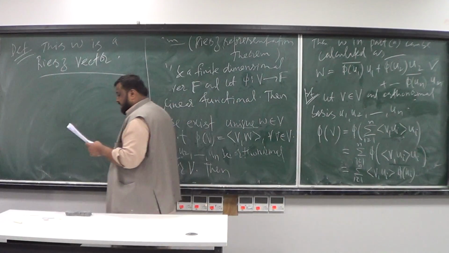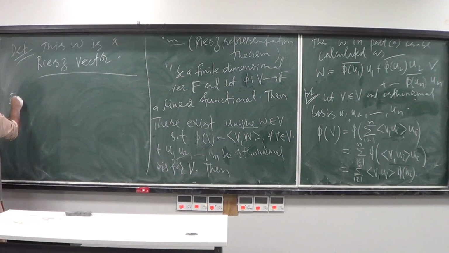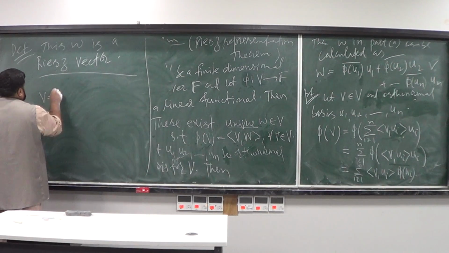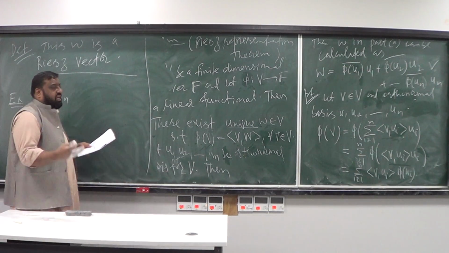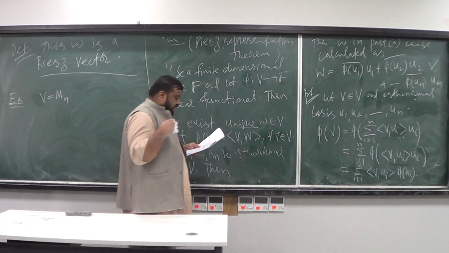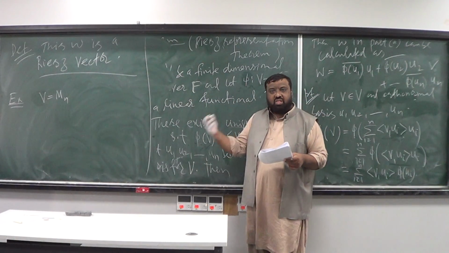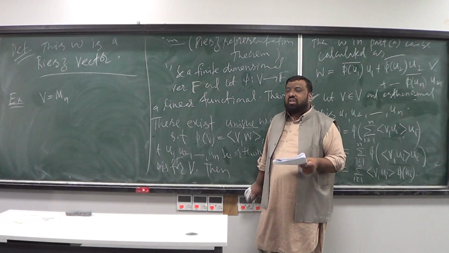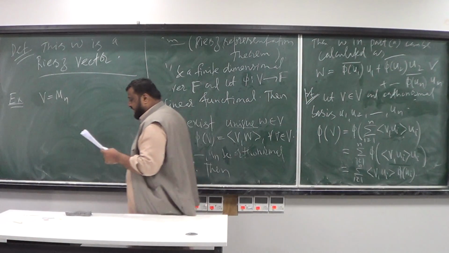Now here's one example. Consider the vector space to be Mn, the space of n by n matrices with Frobenius inner product. So we discussed what the Frobenius inner product on n by n matrices is, and you have to recall it for yourself.